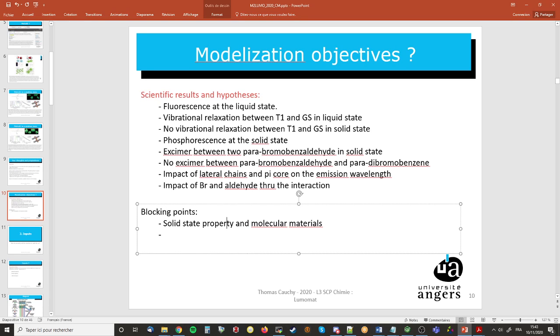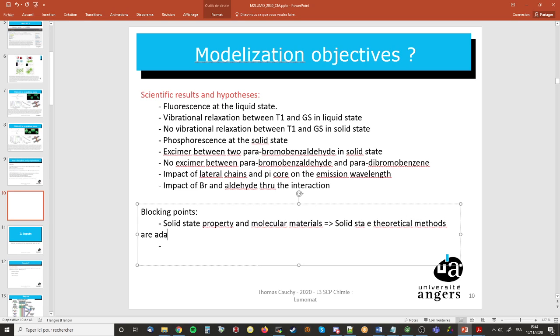But when you do molecular calculations, you have functions that are not adapted to long-range distances. Let me write something. Solid state theoretical methods are adapted for purely inorganic solids.